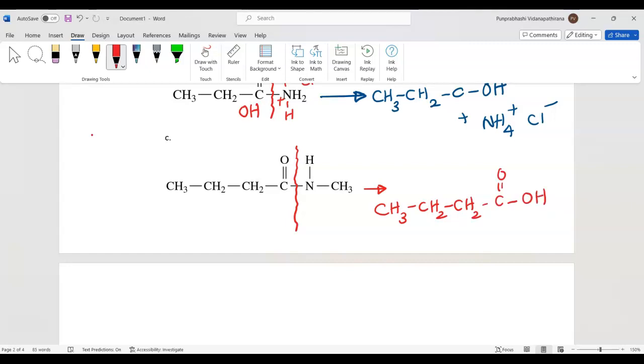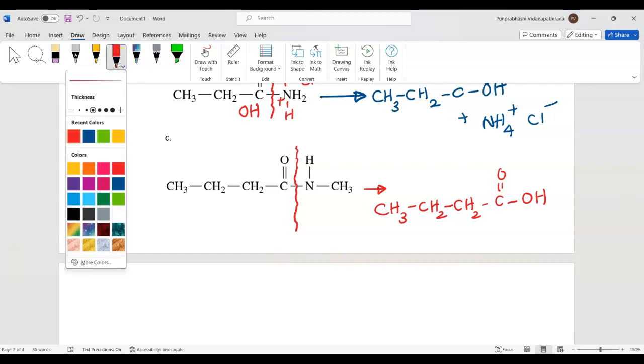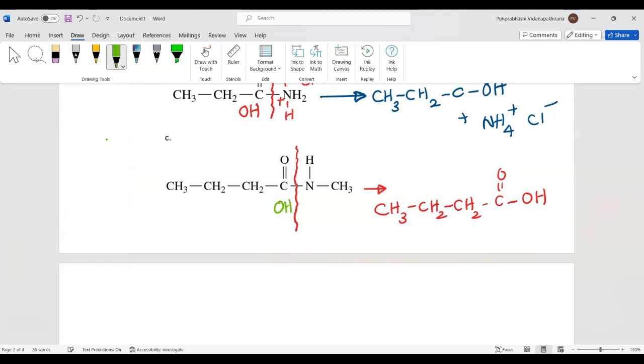And what happens to the amine side? Now we have to add, let me show it here. So you will add a hydroxyl to this side and a hydrogen atom to this side, and HCl will combine. So another hydrogen atom to this one to make it positive ion, and there will be a chloride negative ion, right?